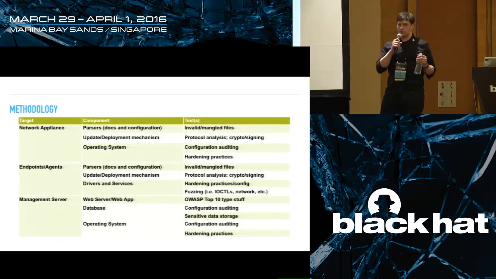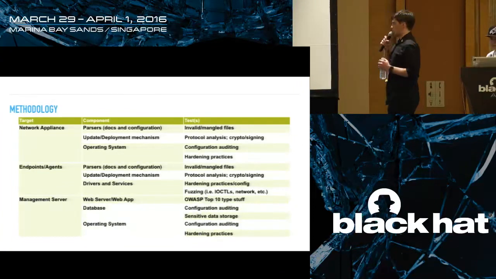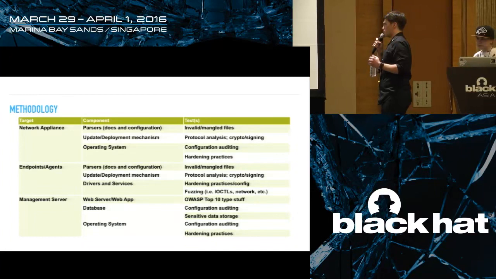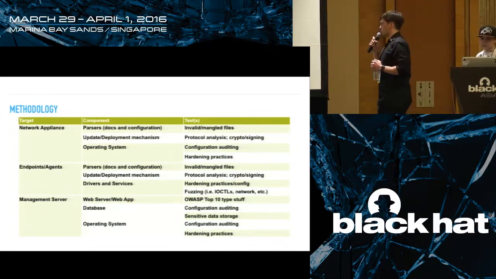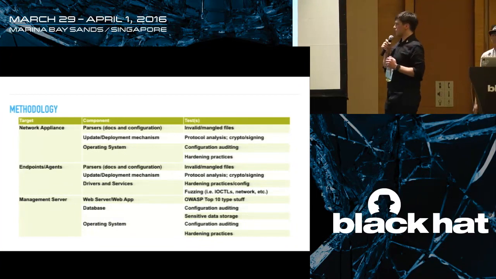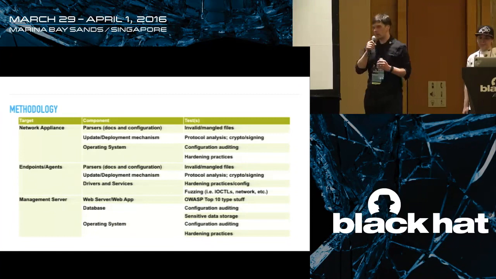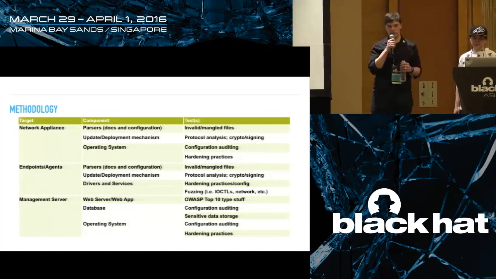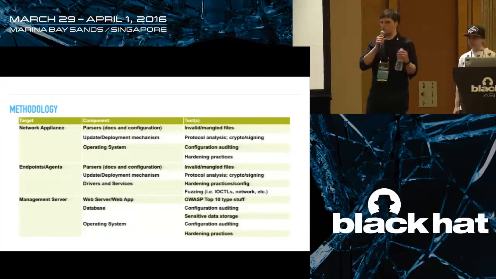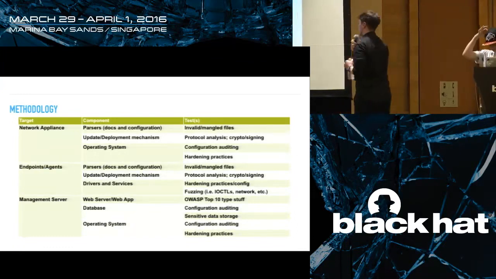How do they do network protocol parsing? Can we do basic protocol fuzzing and get things to crash? We can. For the management server, and also for the network appliance for the ones that had this option, looking at how the web server or web application is configured, like OWASP top 10 type stuff. You'll be surprised soon, or not. I don't know.